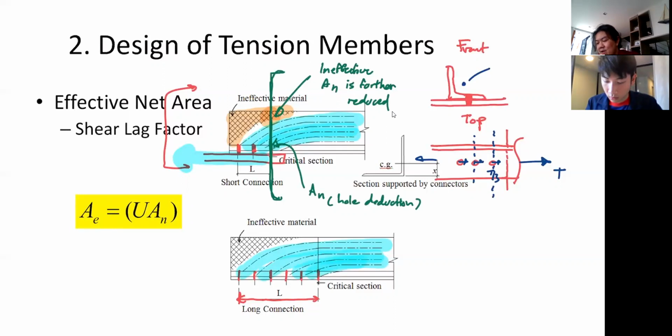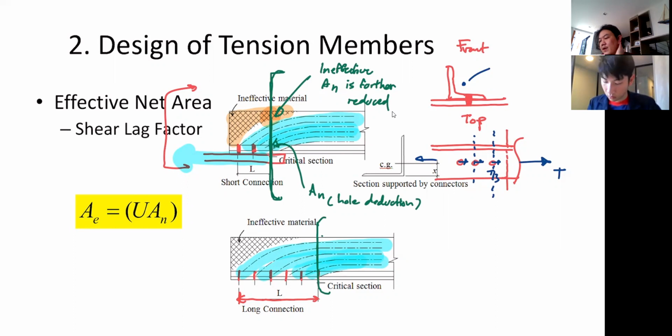But when your connection is long enough, you can make a very, very smooth transition from the center of this member into the connection, and so you don't lose much. And from this picture, you see at your critical section, you almost lose nothing because the entire net area is completely effective.